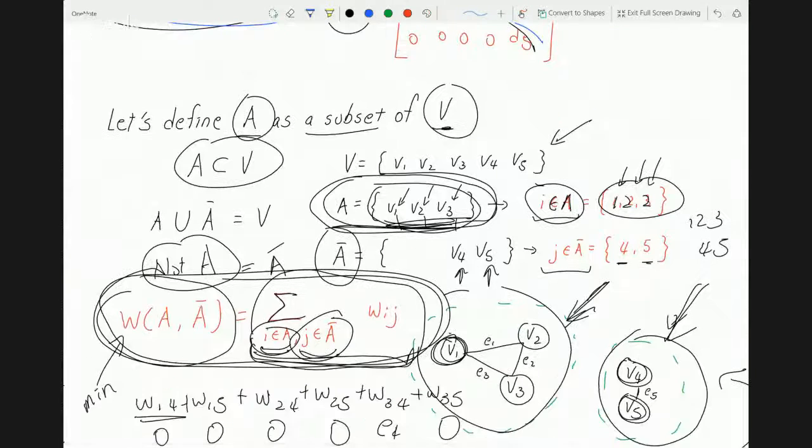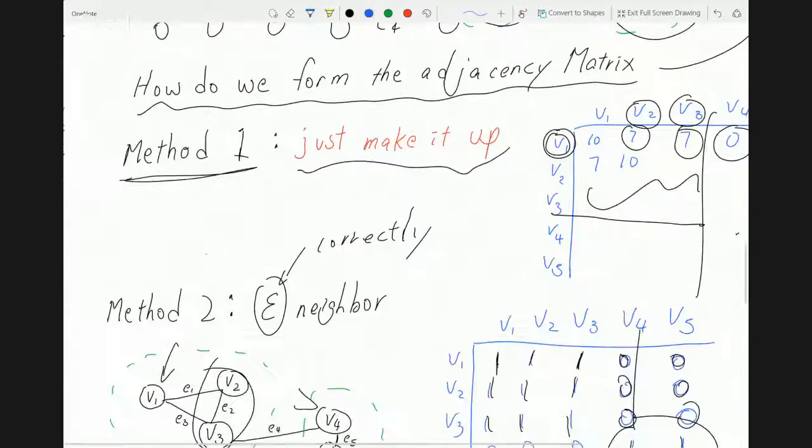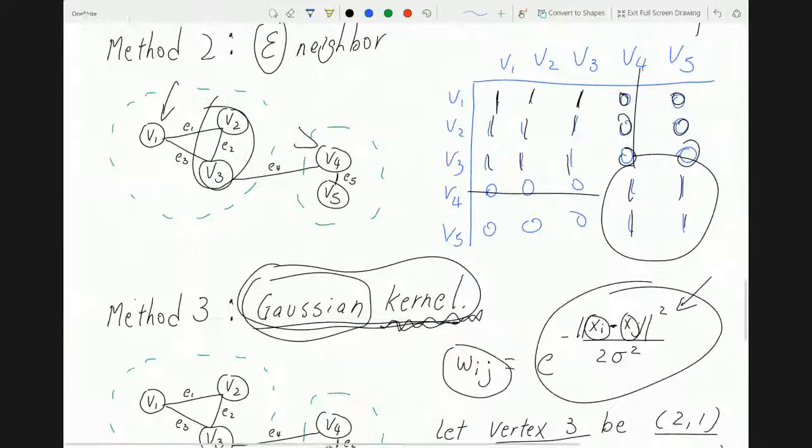We have also defined a set, where V is the whole set, all of them, and a subset of that, right here. All these notations, you actually need to know really well in order for us to move on.